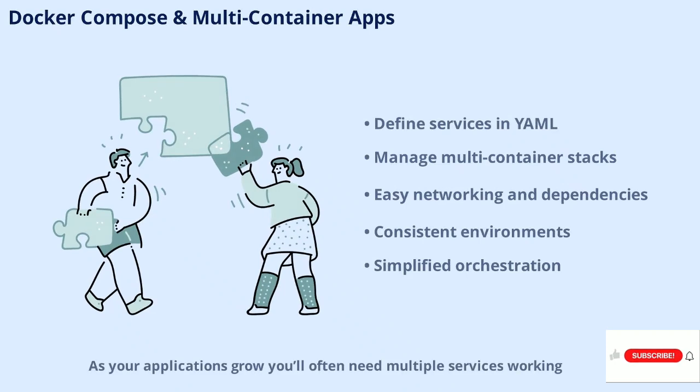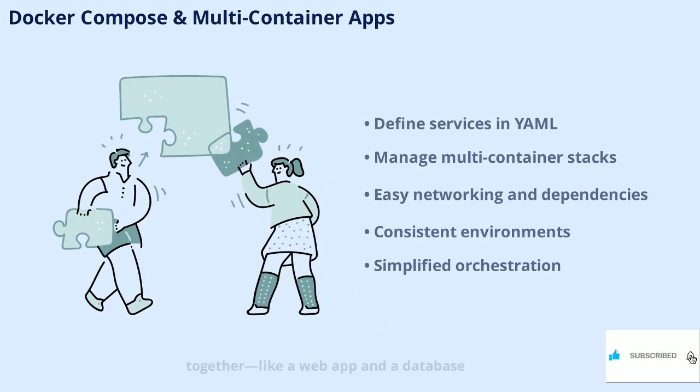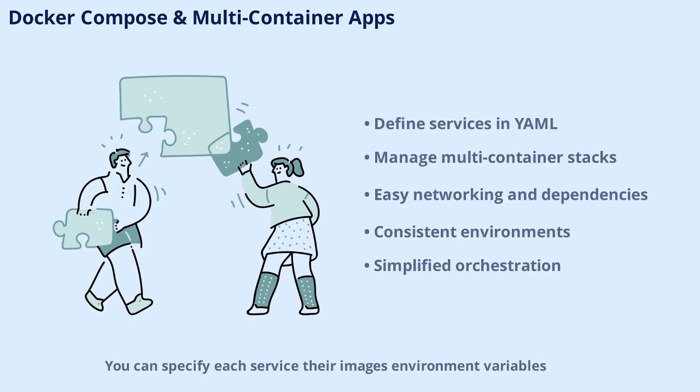As your applications grow, you'll often need multiple services working together, like a web app and a database. Docker Compose makes this easy by letting you define multi-container applications in a single YAML file. You can specify each service, their images, environment variables, volumes, and how they connect.